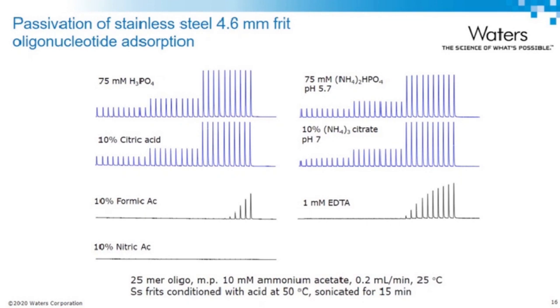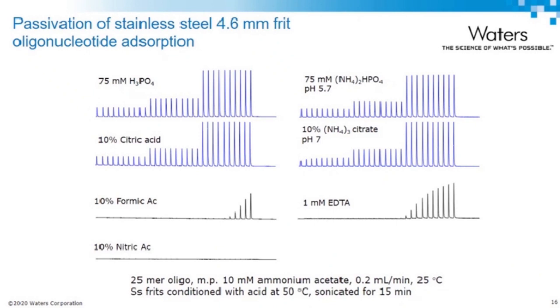You can see that the chromatograms in blue, there is a good recovery. From the first injection, I have nearly complete recovery of my oligonucleotide, meaning those acids like 75 millimolar phosphoric acid or 10% citric acid actually do condition or passivate my system, my frit, and the recovery is good.